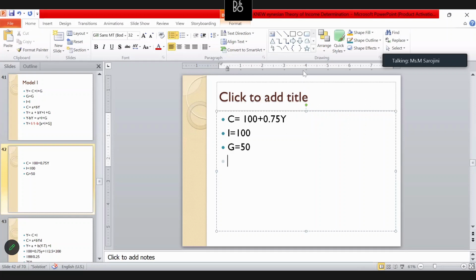To calculate the national income using this information, without taxes or transfers, here we add only the government expenses.